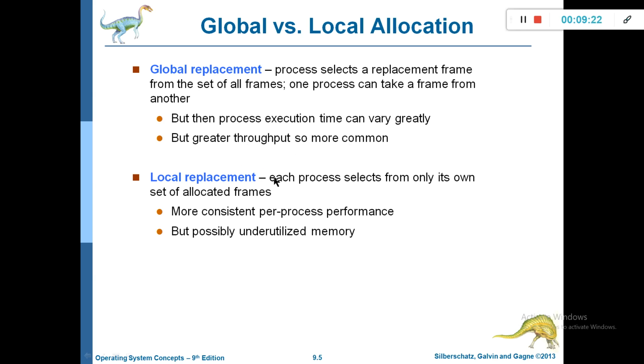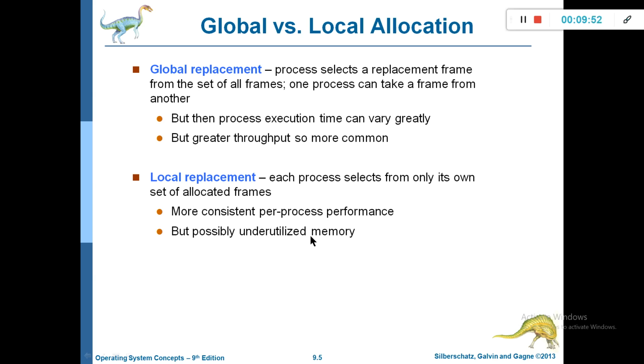To overcome this problem, we use local replacement. Each process selects only from its own set of allocated frames. So we replace only the frames, making free frames for the process when there is a page fault, by replacing pages within their locality or within their allocated address space. It gives more consistent per-process performance, but possibly underutilized memory.